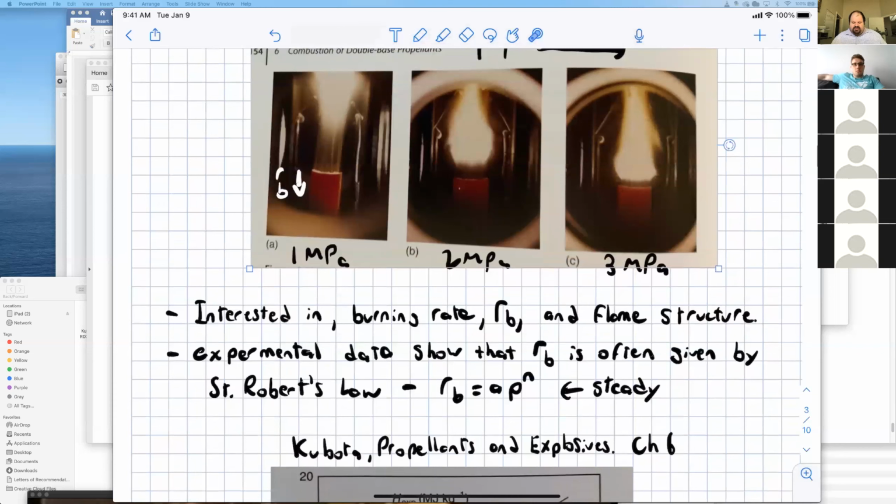While you can derive this from basic principles, in practice, how r_b as a function of P is determined is through experiments where they have a windowed combustion chamber. This is a so-called strand burner. They watch the burning through a window, and the combustion chamber is large enough that even if it's a closed volume, the mass of the propellant relative to the overall volume of the chamber is very, very small.